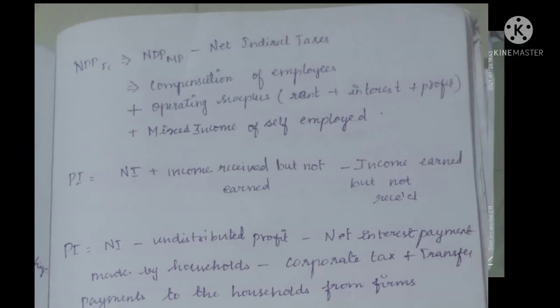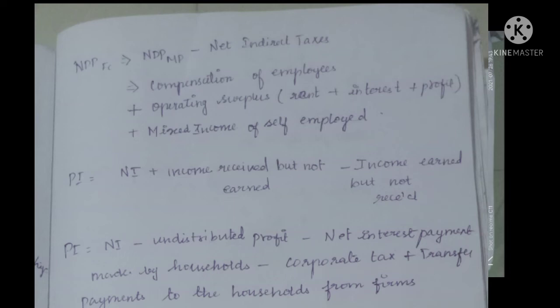If they have asked to calculate the personal income, PI means personal income, the formula is national income plus income received but not earned, minus income earned but not received.